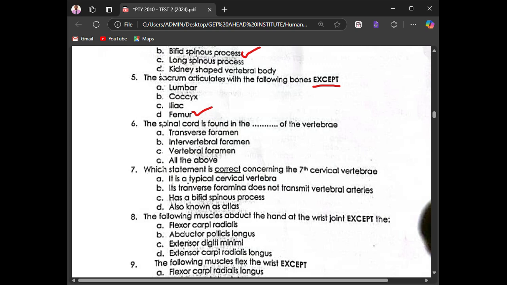Then we have the anterior and the posterior surfaces of the sacrum, and these surfaces are points of attachment to the pelvic ligaments and muscles.